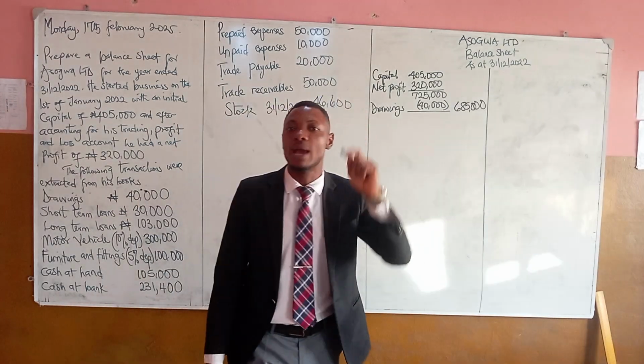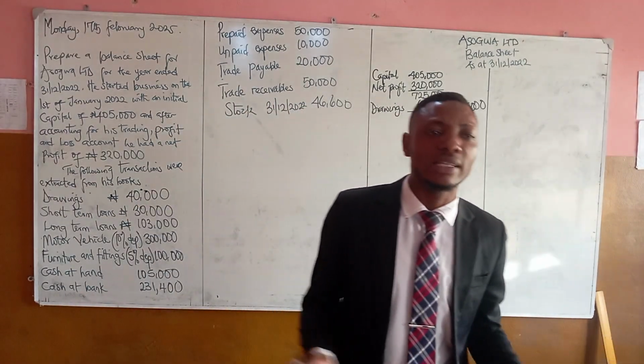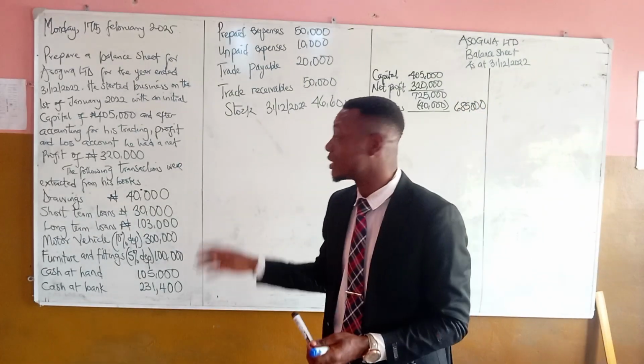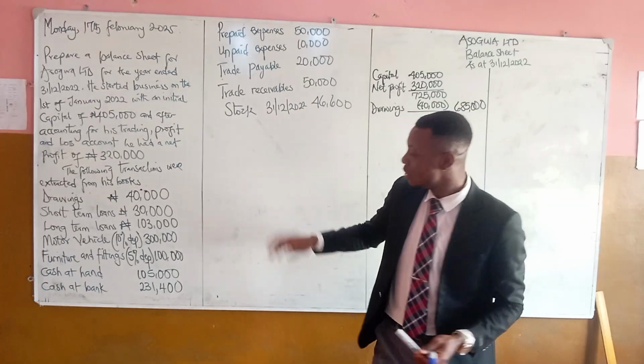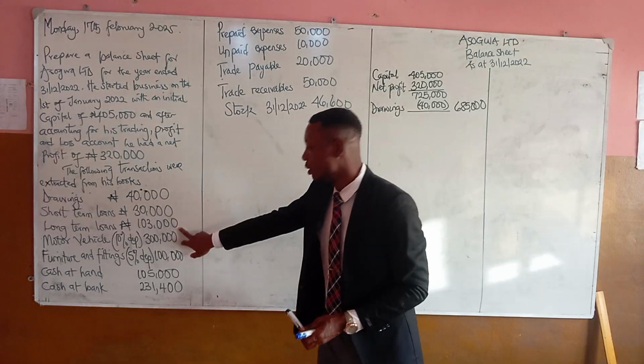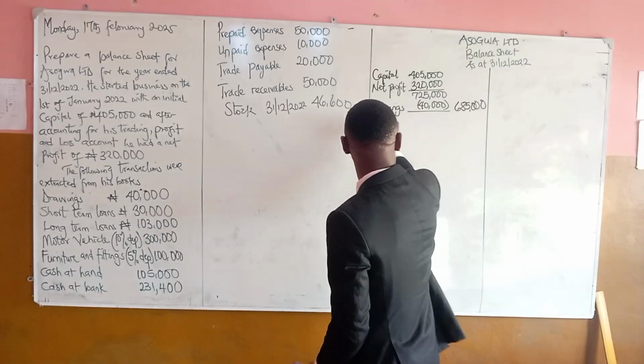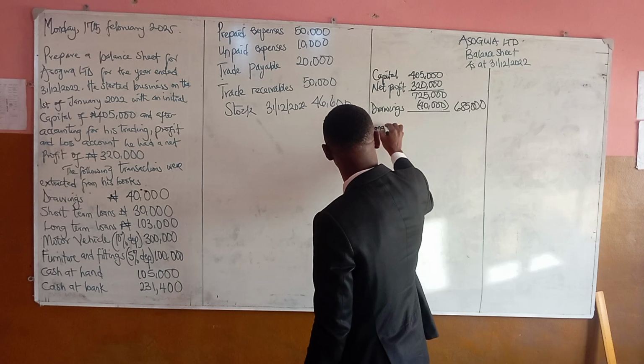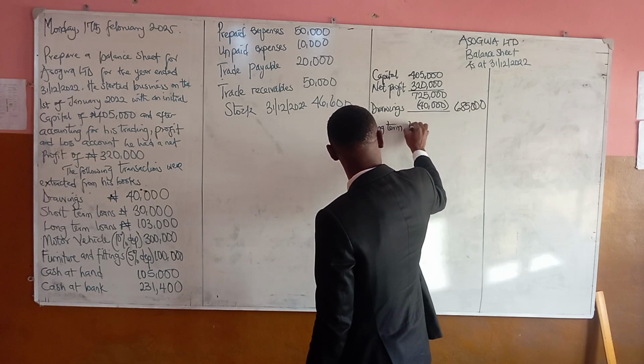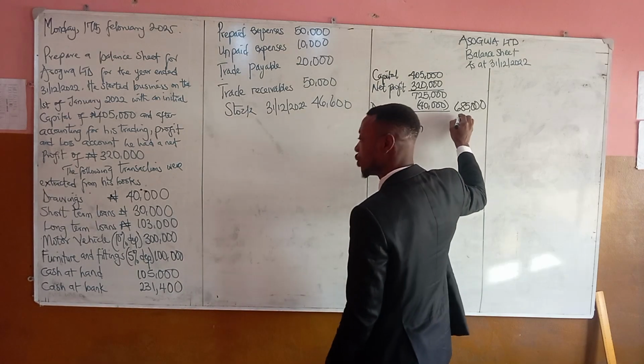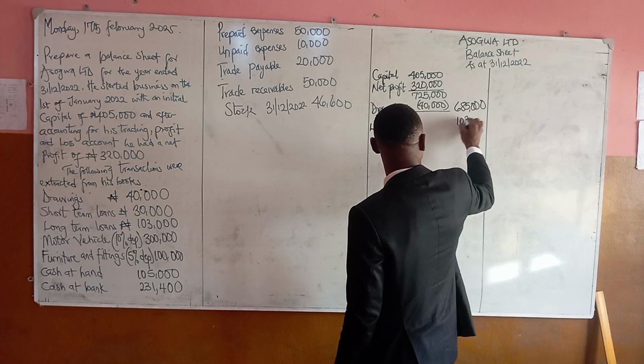Now, another transaction we can have here is what? Long-term loans. Wonderful. Now, what value do we have for long-term loans in our transactions? 103,000. So I have my long-term loan, 103,000.